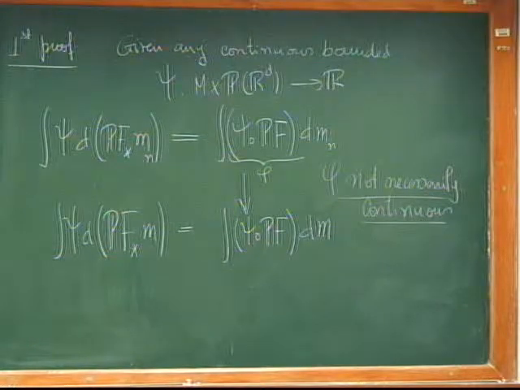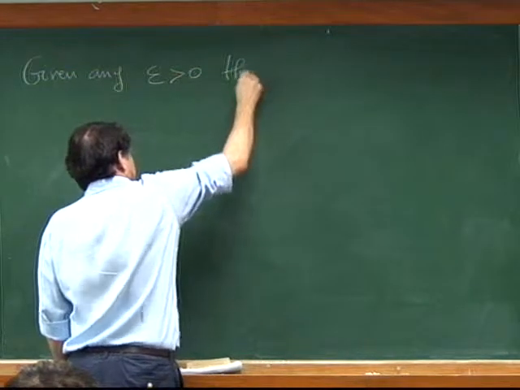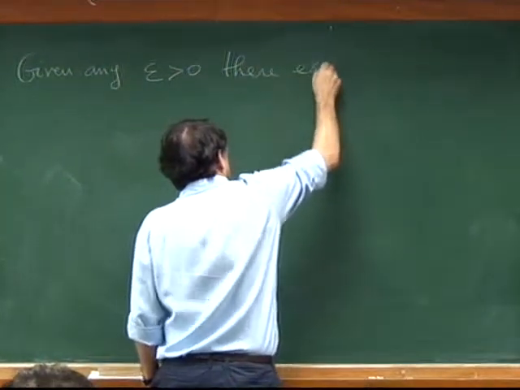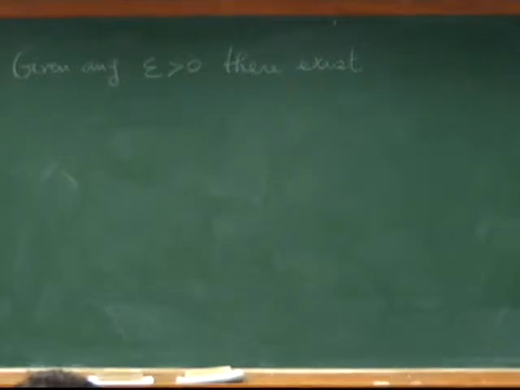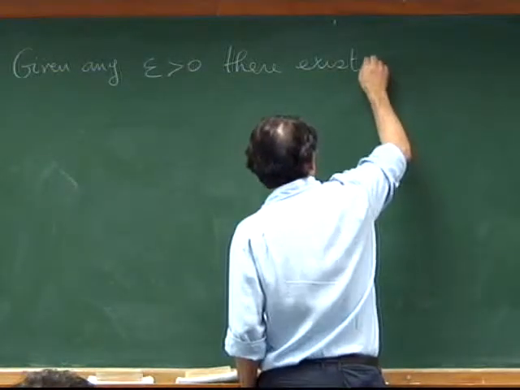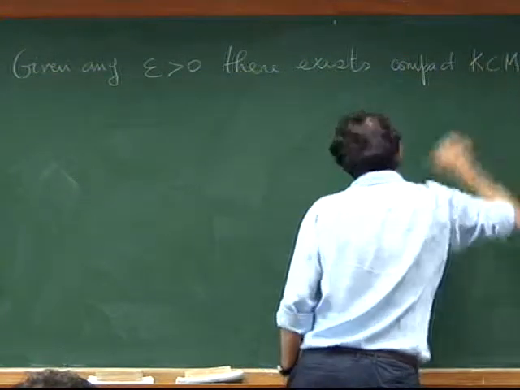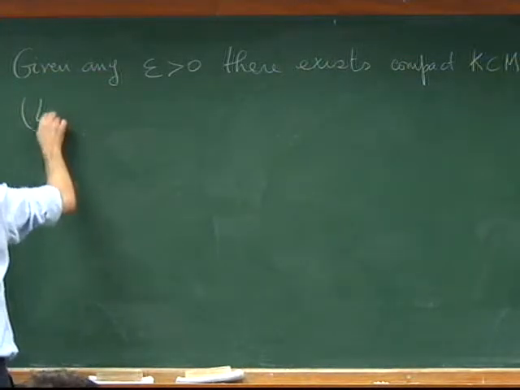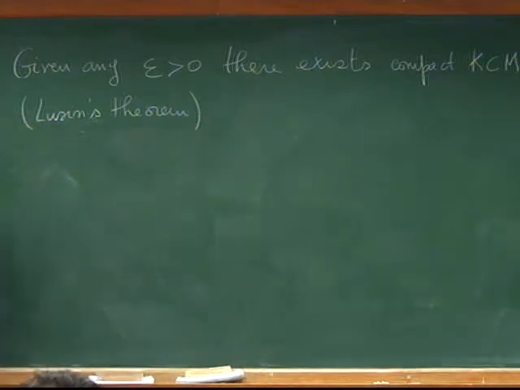So, given any epsilon, there exists a compact K contained in M. Now, this is called Lusin's theorem. And in fact, there are two different versions of Lusin's theorem.